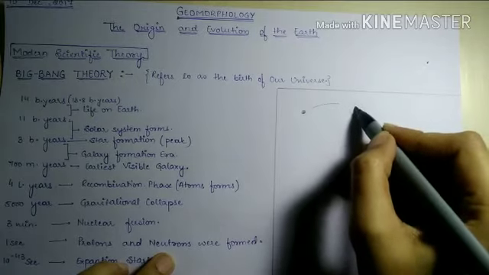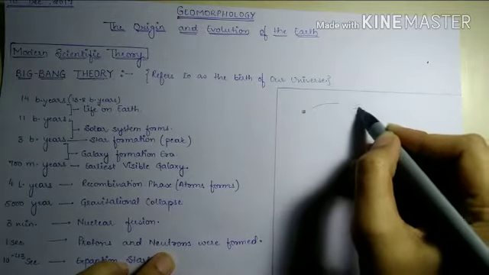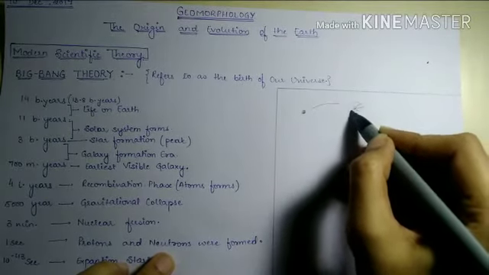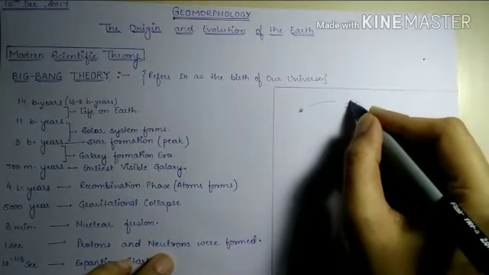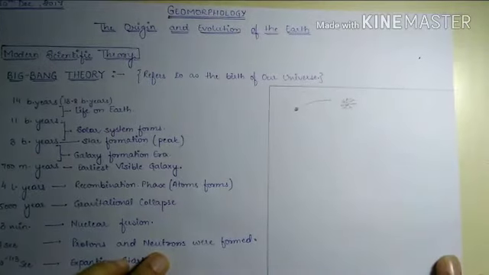Okay, so if someone asks that if the singularity had such a high density, then why did it not recollapse?